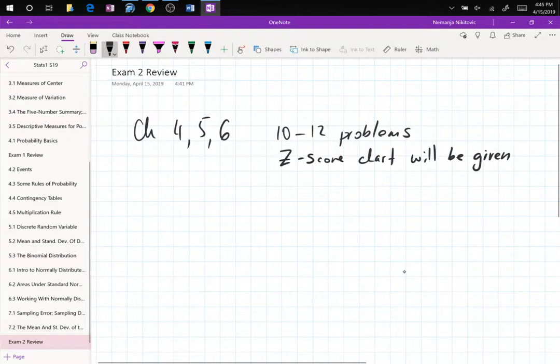So what's on it? We have the three major areas. So number one is the probability, which is in chapter 4.